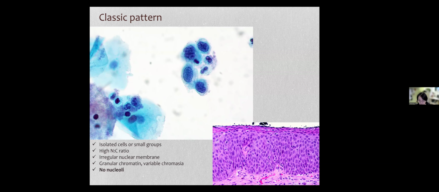You can see mitosis up toward the top one-third layer. So that's high-grade SIL. One important thing I highlighted in bold is that you are not supposed to see nucleoli. In all SIL lesions, you don't see nucleoli. Once you see nucleoli, you have to back off. That might be reactive or something else, right?